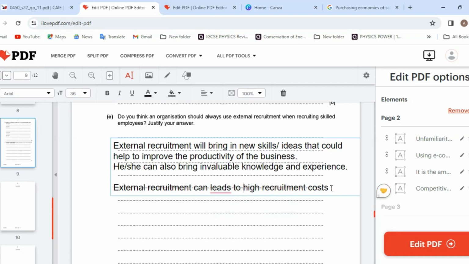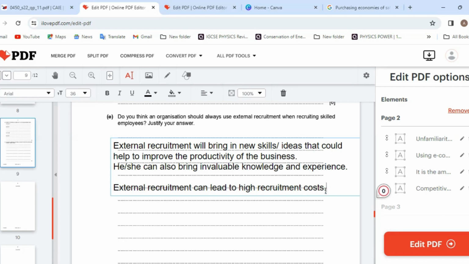That is one. And also when there are no suitable candidates in the business, that is why the external recruitment can take place.